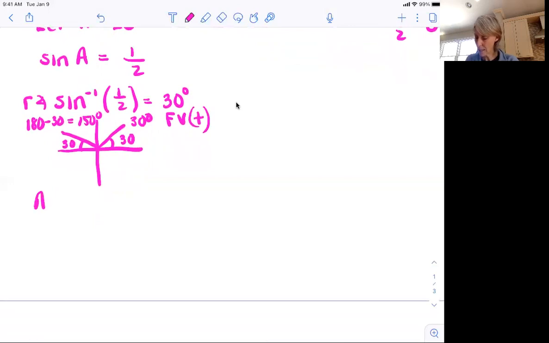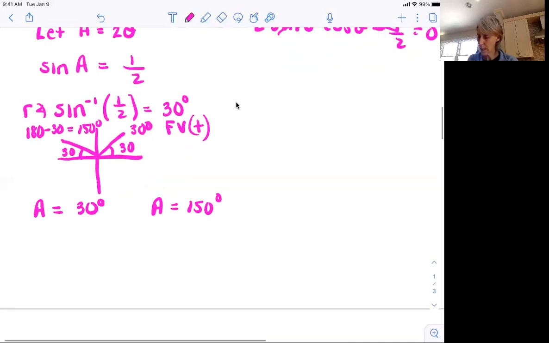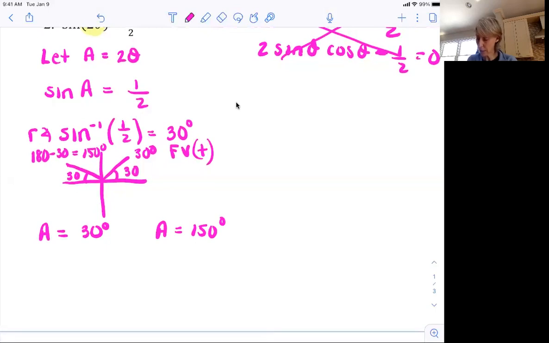So A is 30. A is 150. But remember, we're not solving for A. What are we solving for? A is really equal to 2 theta. We want to solve for theta.